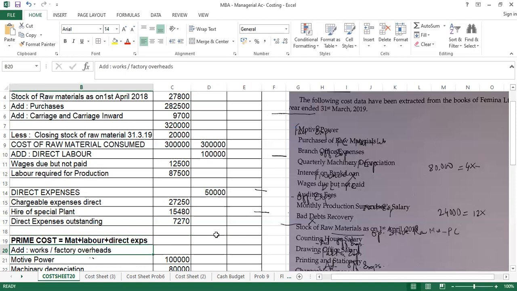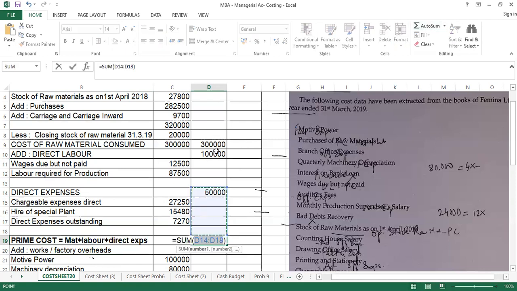So these three items, if you take together, will get your prime cost. So your prime cost is 4,50,000, and that will come to the outer column, 4,50,000.